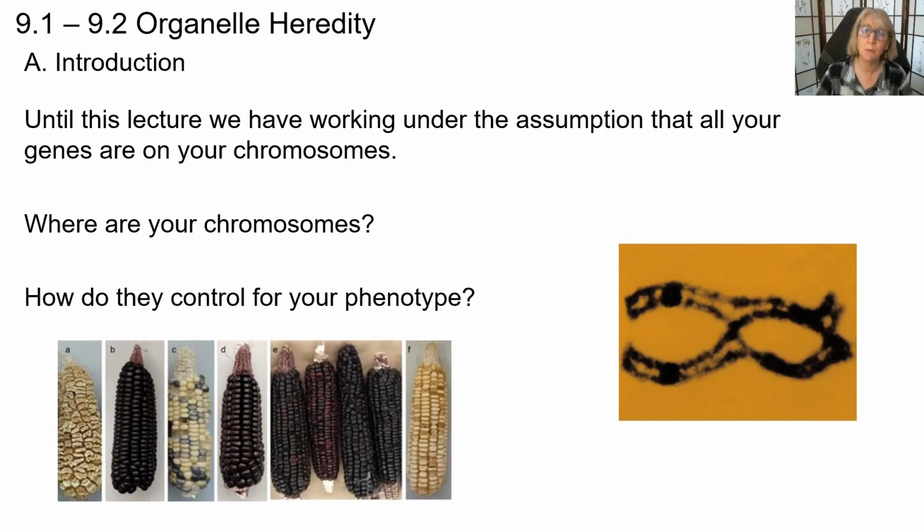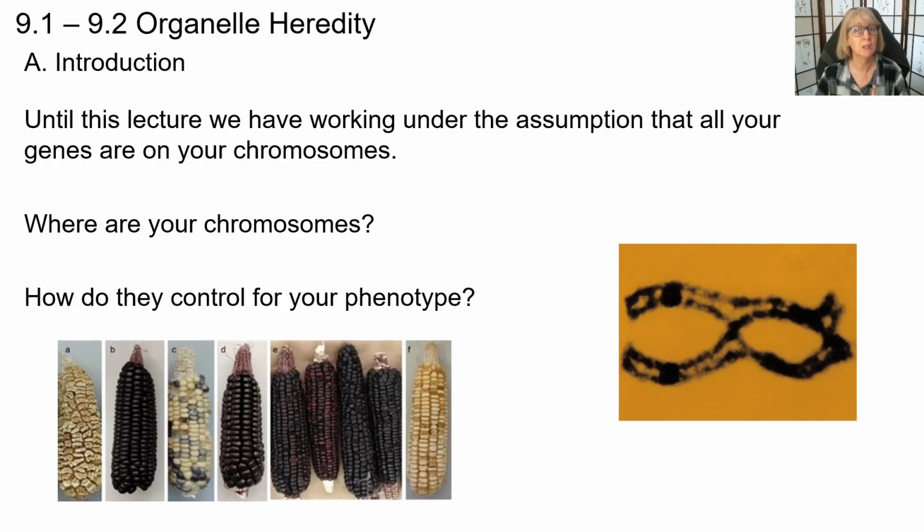I think you might be somewhat familiar with the idea that your mitochondria actually have their own DNA. In Bio 1, we cover the theory of endosymbiosis, that mitochondria and chloroplast actually arise from bacteria that were engulfed by our ancestors, in the case of mitochondria, and by the ancestors of plants for chloroplast.